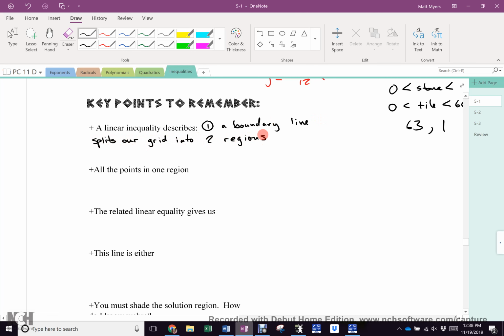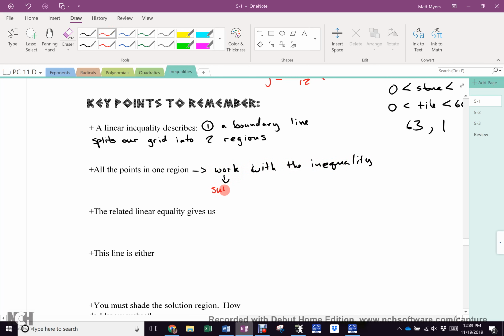Right? One of those regions does what? All points in one of the regions do what? They work with the inequality. Now, when I say work, what does that actually mean we have done with those values?